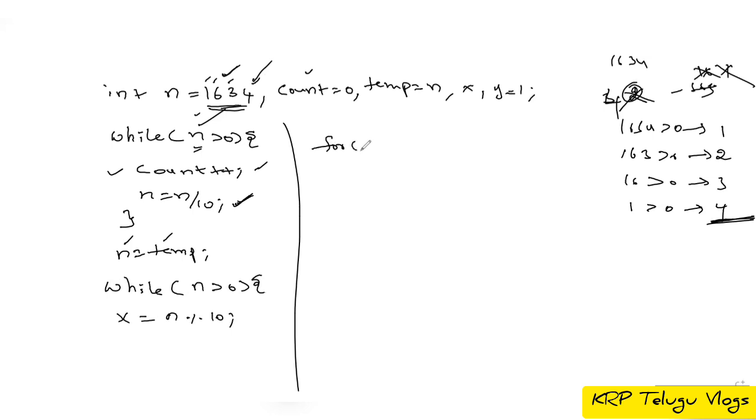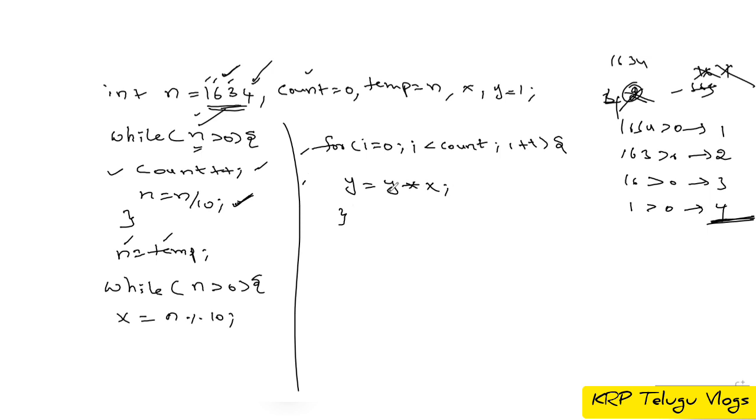For int i is equal to 0, i less than count, i plus plus, y is equal to y into x. So we have already done this, right? Yes, sir. So you got the 4 power 4 value.